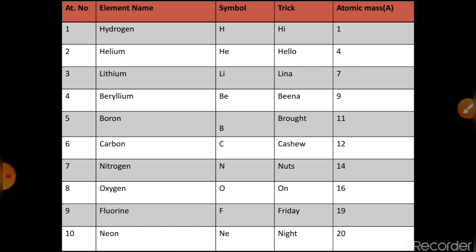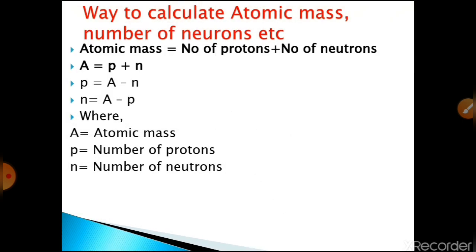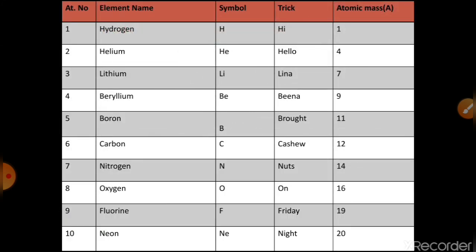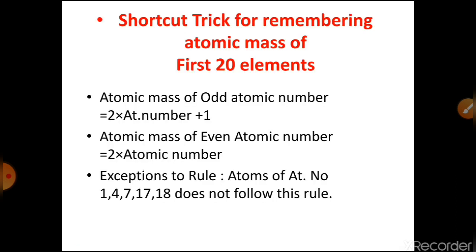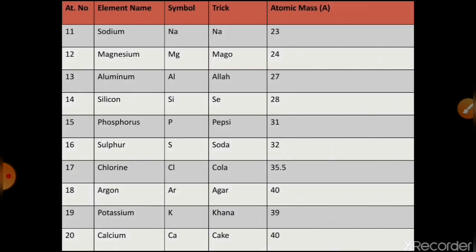These are not following the rule. You can see 4 is an even number, but its atomic mass follows the odd atomic number rule, that is 2 into 4 plus 1, that is 9. So this rule is only for the other elements. So 1, 4, 7, 17 and 18 are not following the rule.